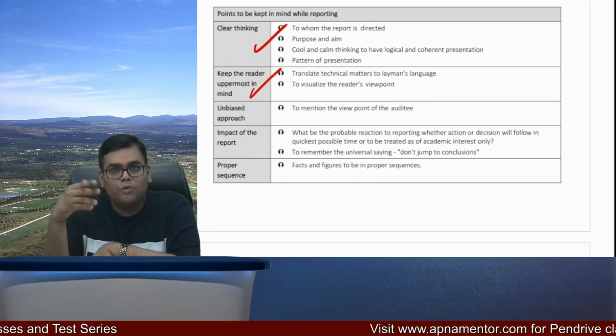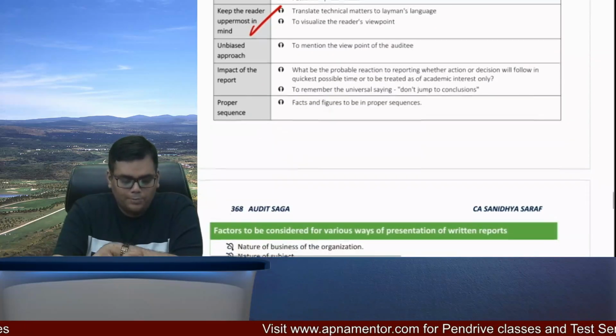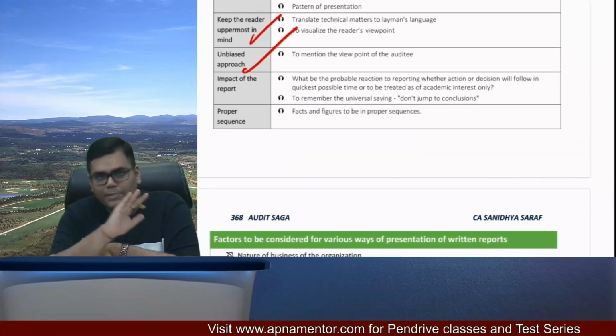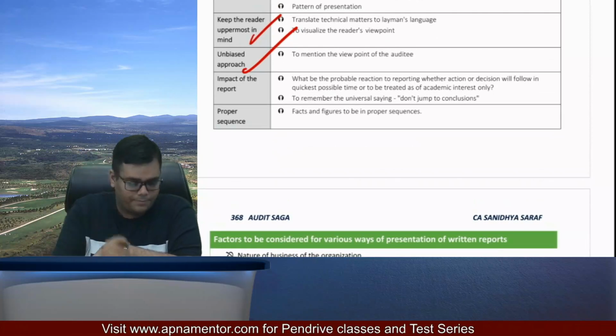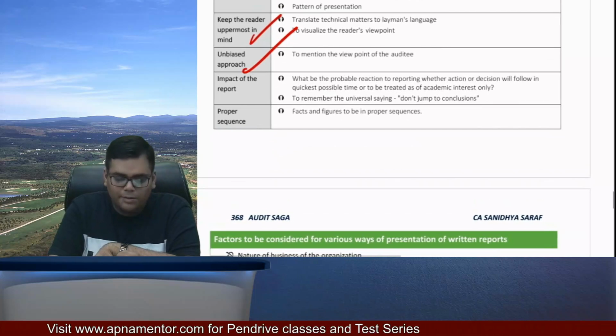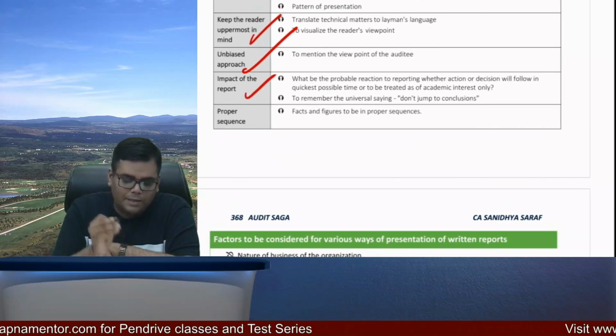He must know who is the user of his report, and accordingly he must prepare the report. The report should be unbiased, completely unbiased. It should mention the facts as they are. Impact of the report should be kept in mind.